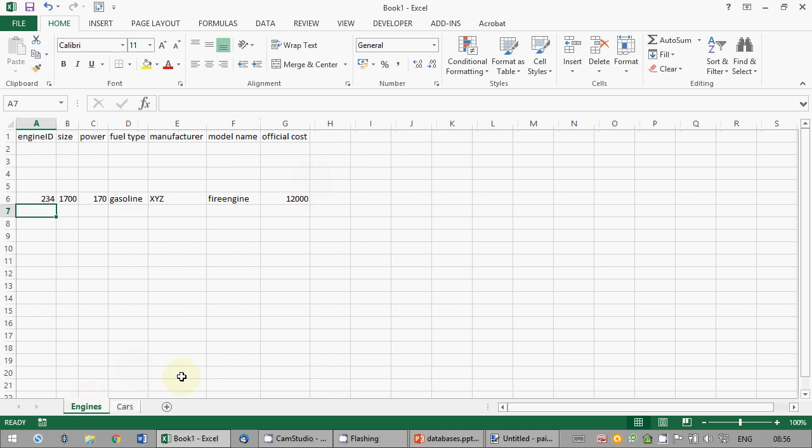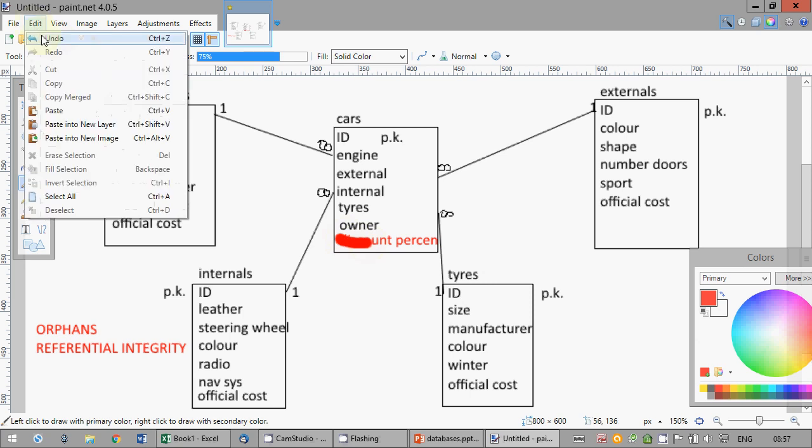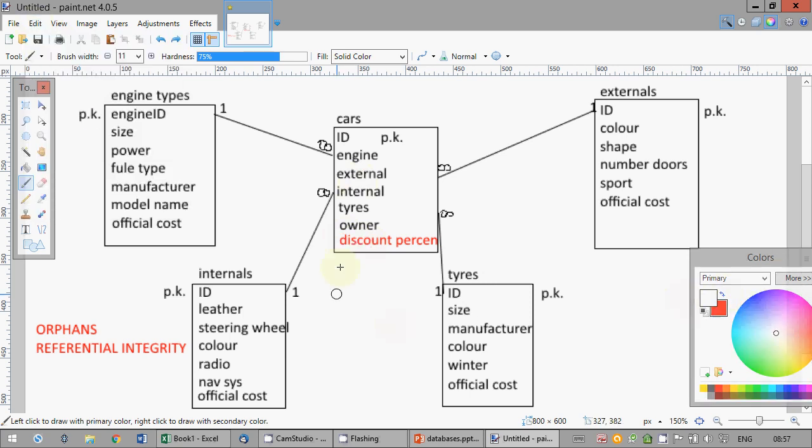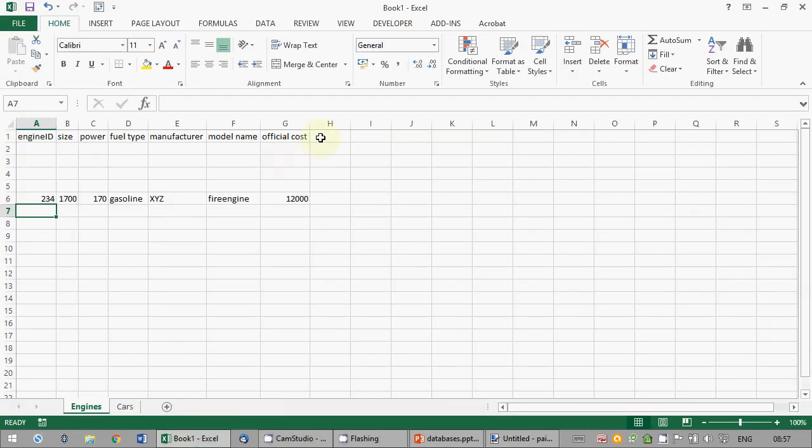Oh, we can put also the date here, by the way. We have the slot for discount percentage. So final cost and also the buy or order date. Okay, so official cost and final cost.